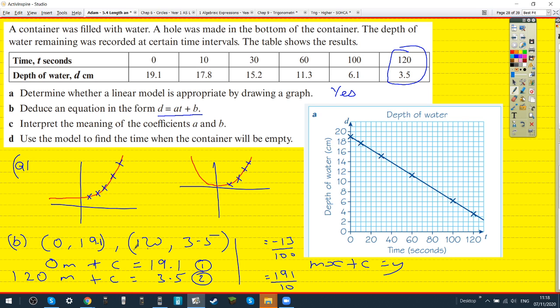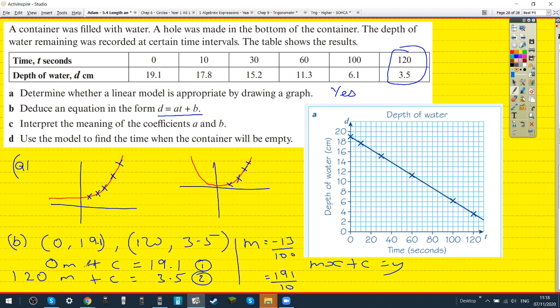No. From our simultaneous equations, we didn't have x and y. Oh, it's m. And that one's d?